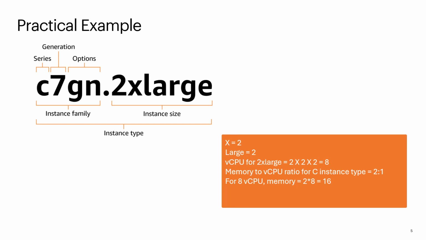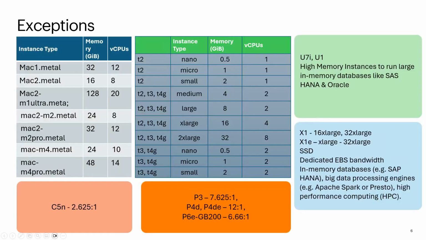This means for 8 virtual CPUs, the total memory is 2 GB per virtual CPU times 8 virtual CPUs, which is equal to 16 GB. So by simply reading the name c7gn.2xlarge, you instantly know you are getting a 7th generation Graviton powered, network optimized, 8 vCPU instance with 16 GB of memory, optimized for compute intensive tasks.